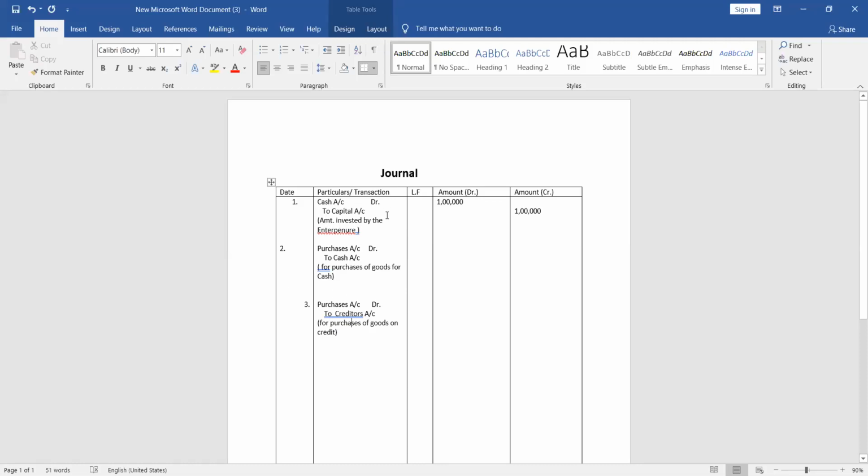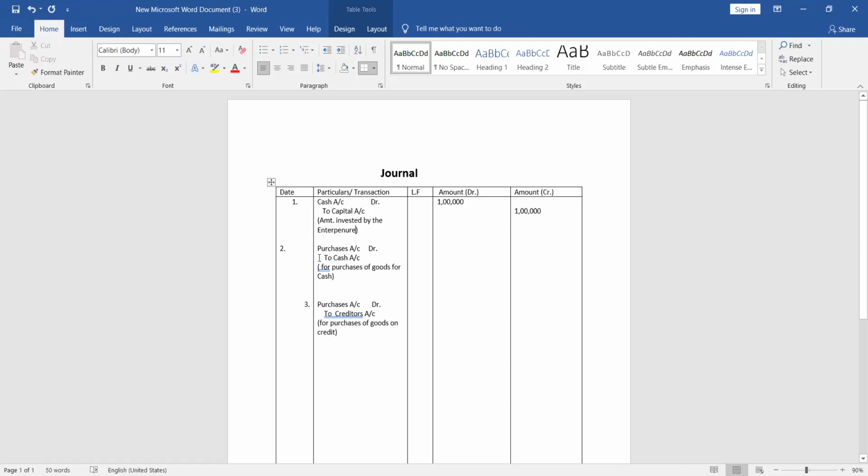First of all, we have done the amount invested by the entrepreneur in the business. It is to be written like this: cash account debit to capital account. Whatever cash is coming to the business is debited, to capital account.